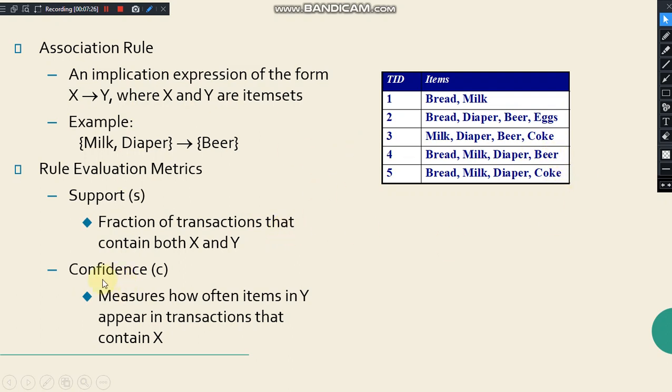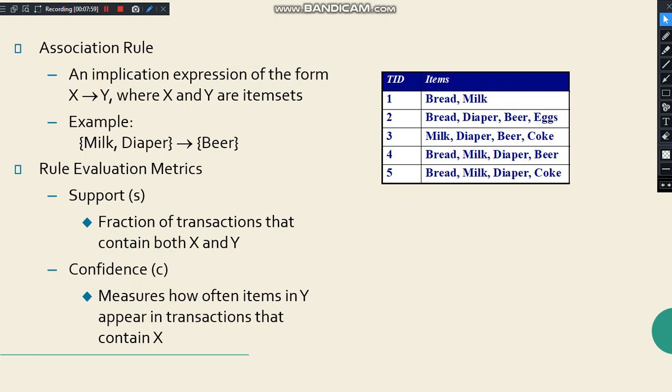Now the next thing you need to understand is the confidence. That is a measure of how often the items in Y appear in transactions that also contain X. If I am talking about X and I say that implies Y, how much confidence are you providing for this rule?